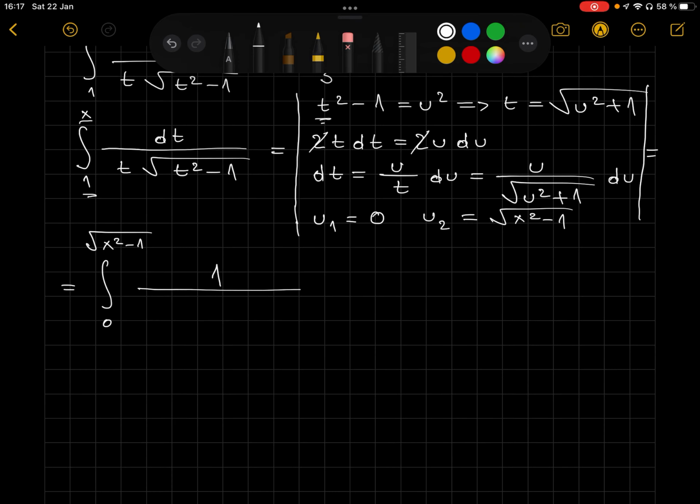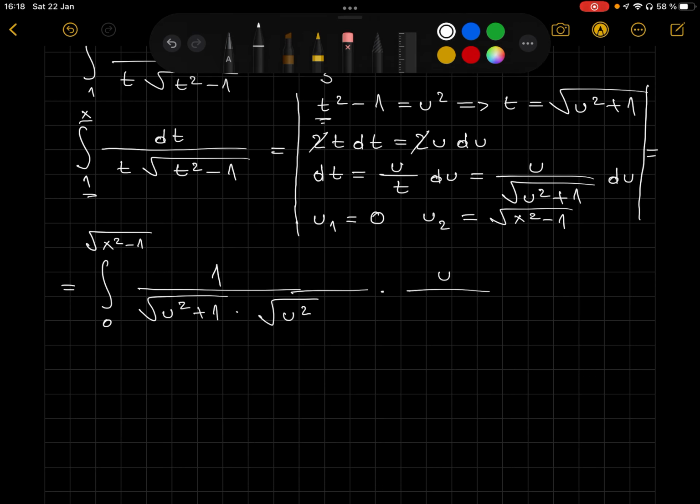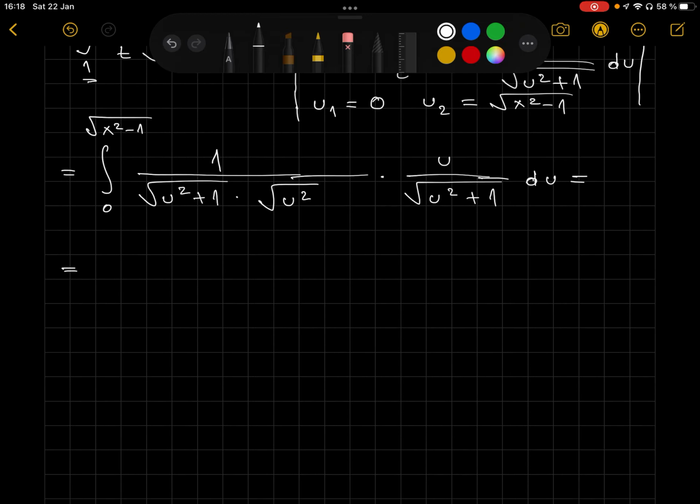After that, 1 over t is equal to the square root of u squared plus 1 times the square root of u squared, which is just the same as the square root of u squared, and of course times dt, which is the same as u over u squared plus 1 du.